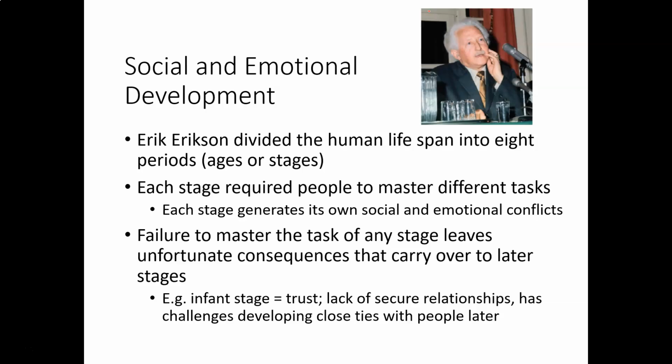So their romantic relationships or friendships may not be as secure as they get later in life. So the idea is at each stage, a person has to master a conflict or a task, and those conflicts have to be resolved in order to be successful in later stages. Failure to master them will result in consequences, not surprisingly.